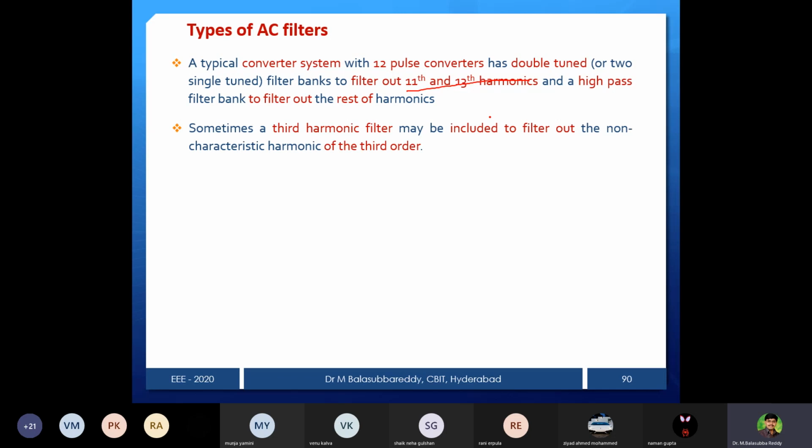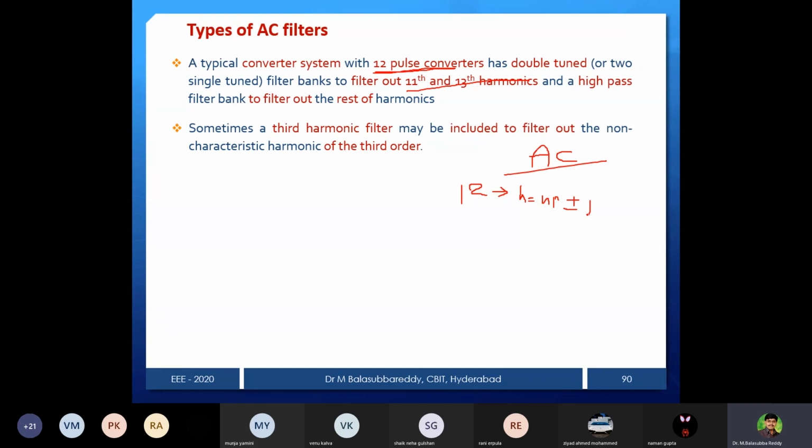Suppose you use a 12 pulse converter. As you are aware, on the AC side, the formula for the harmonic order is H equals NP plus or minus 1. This is the order of the harmonic.